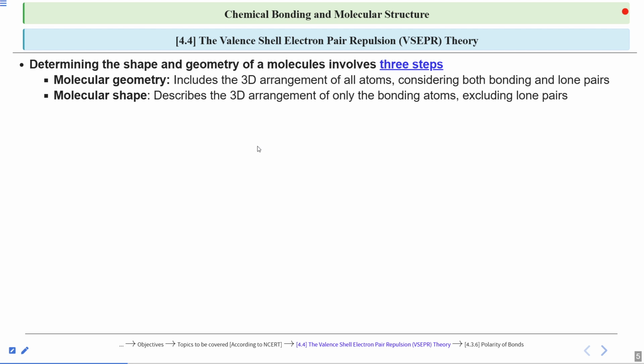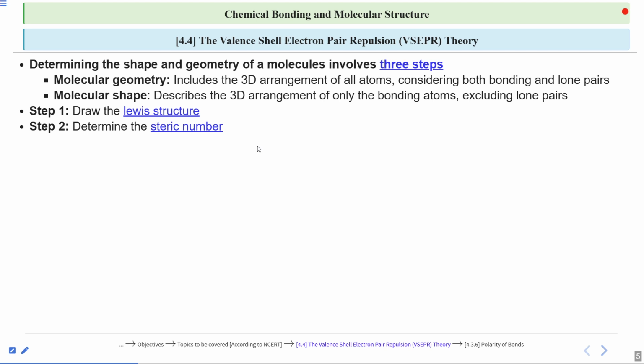Now, what are those steps? The first step is, of course, drawing the Lewis structure. So first of all, whenever you see a molecule, just draw the Lewis structure of that molecule. Then in the next step, determine the steric number. I will give you a formula for determining the same. It's very simple.